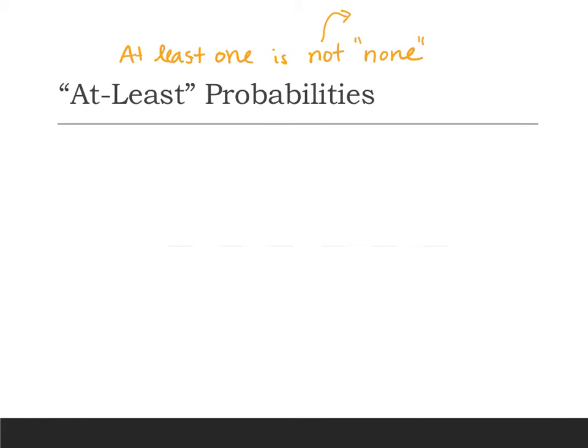Not means we're dealing with a complement. And then none means the probability of having 0 of whatever it is.